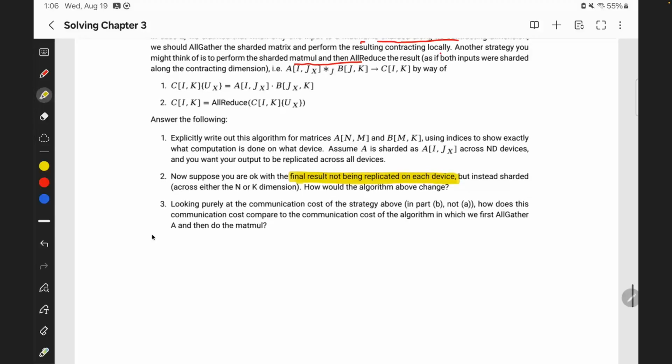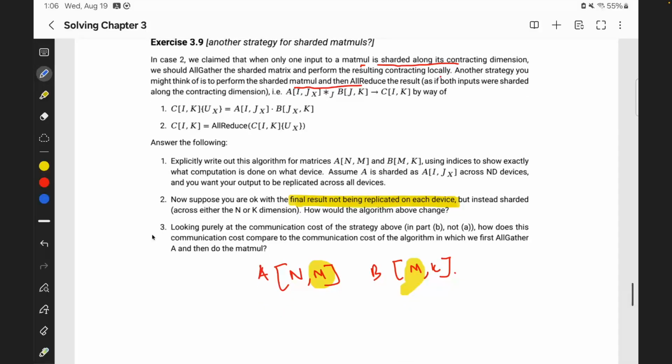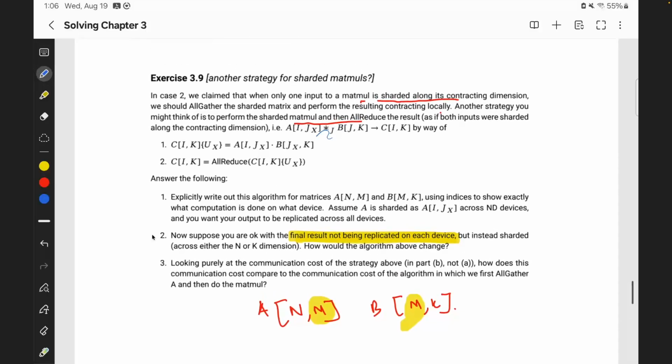We will first take matrices A n comma m and B m comma k, sharded across different axes, and we will only be sharding the contracting dimension. Keep that in mind. We'll be sharding the contracting dimension like this.